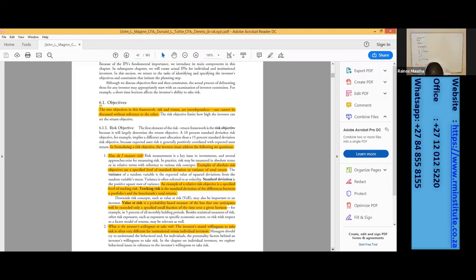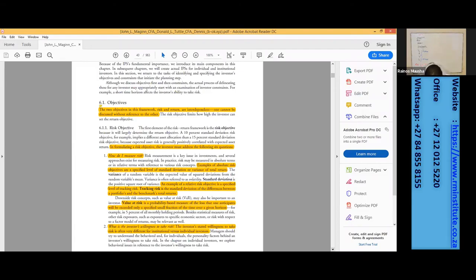So if you check under that section, on line number 3, they say examples of absolute risk objectives are a specified level of standard deviation or variance of total return. If you skip the next 3 sentences, they talk about standard deviation, which is the positive square root of the variance.